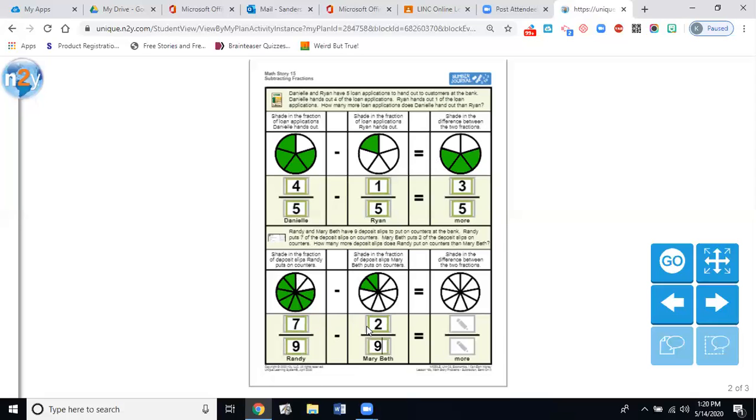What is 7 minus 2? 7 minus 2 is 5. They both have 9 total deposit slips altogether, so we're just going to plug in the 9 since both denominators are exactly the same. Both bottom numbers are the same. So we'll just use the same denominator or bottom number.